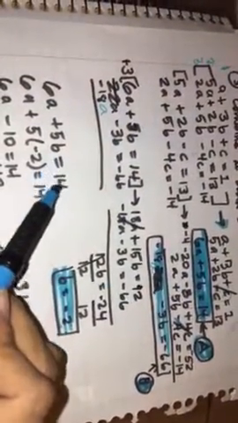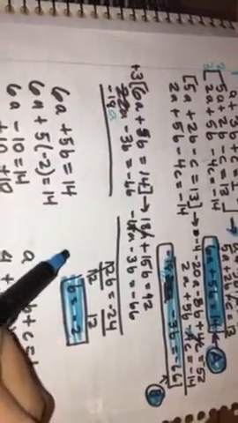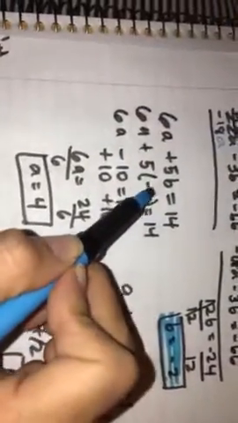Now we're getting somewhere. Now I figured out what one of these variables is. I know that B is now equal to negative 2. So now you're going to use either this equation or this one, and plug in to get the other variable. I used 6A plus 5B is equal to 14, and instead of the B, I know that B is negative 2, so I plugged in negative 2.